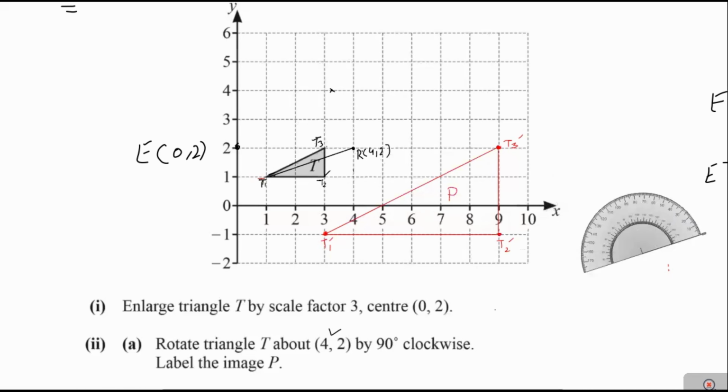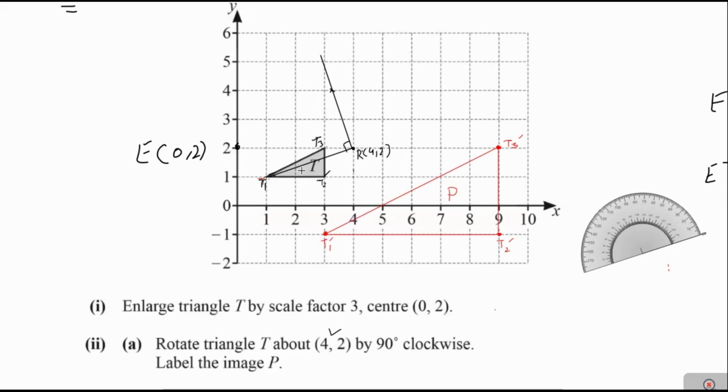After getting this point, we draw a line passing through this point. Now this is the 90°, and we will mark the point T1 dash. The distance of T1 dash from R will be the same.